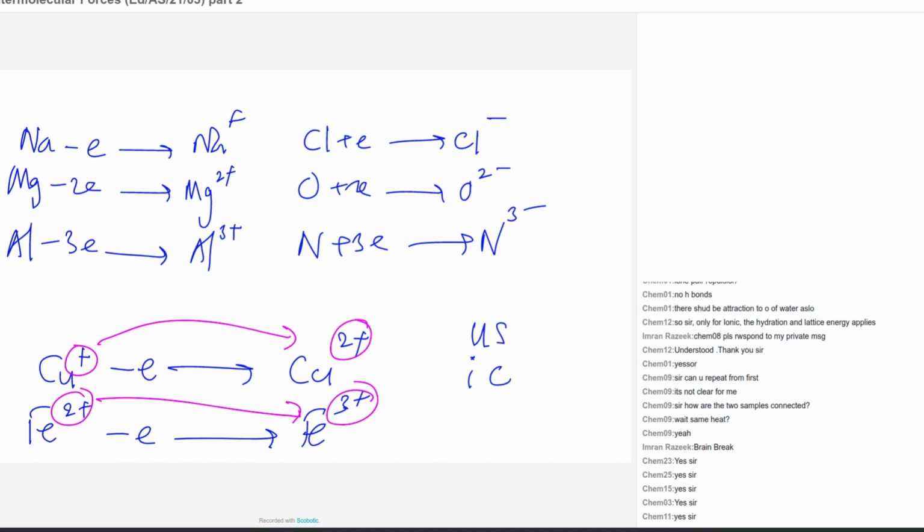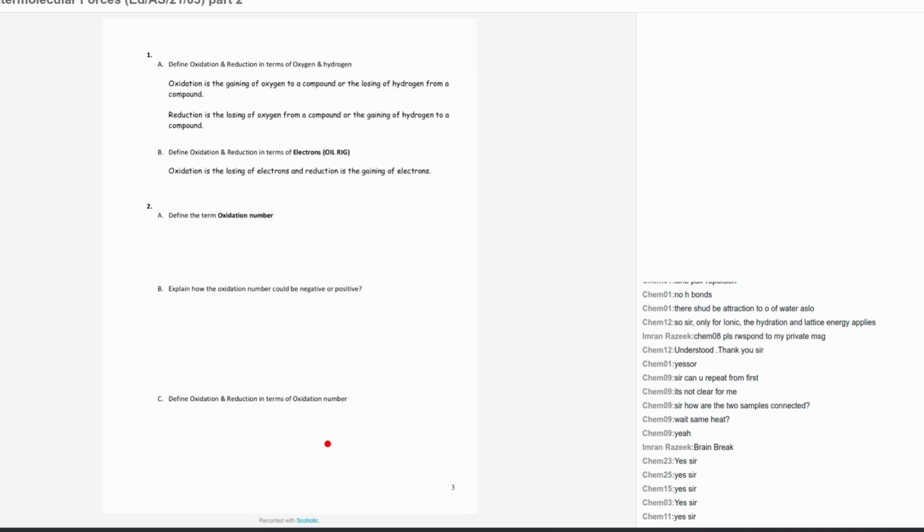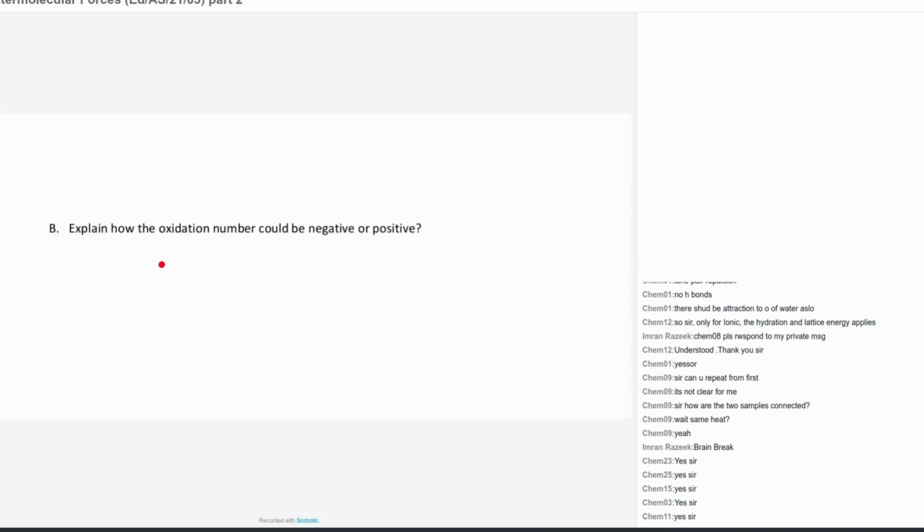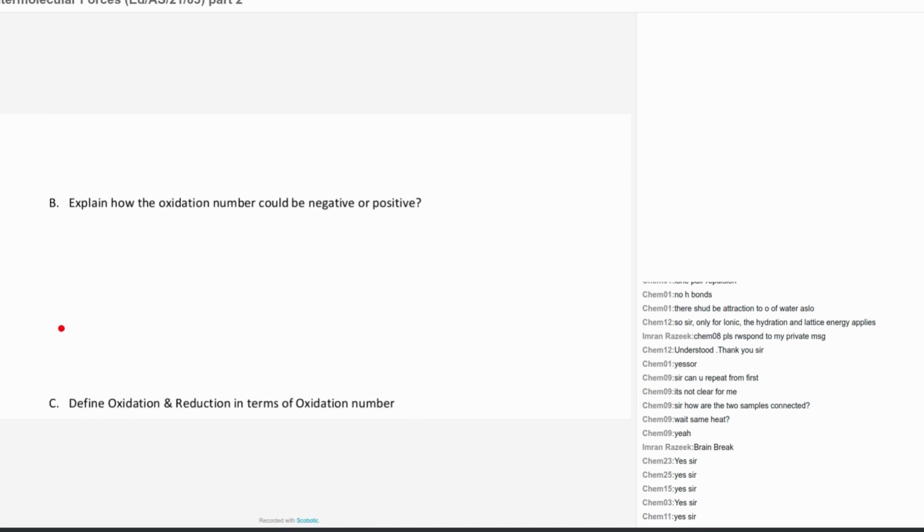Right. Okay. That's the examples. I hope you copied the examples. And the next is to continue the note. Likewise, this we are in question 2B.